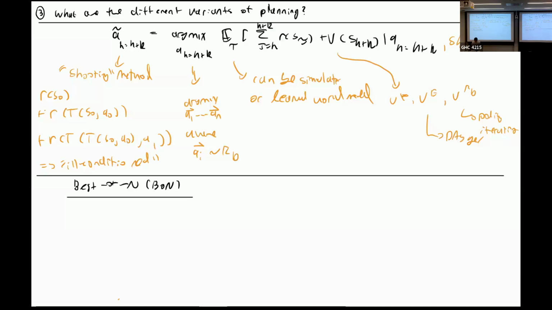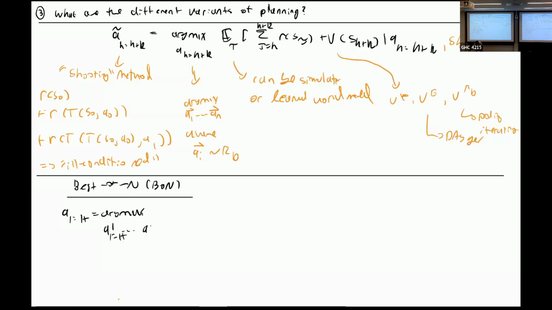Yeah, exactly. Nice. So best of n basically means I'm going to select A_1 through A_H, so the full H steps in the future, the whole problem, by taking an argmax over some finite set of things that were sampled from a base policy, of which there are n.